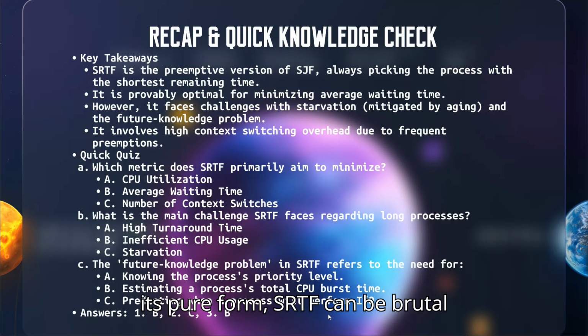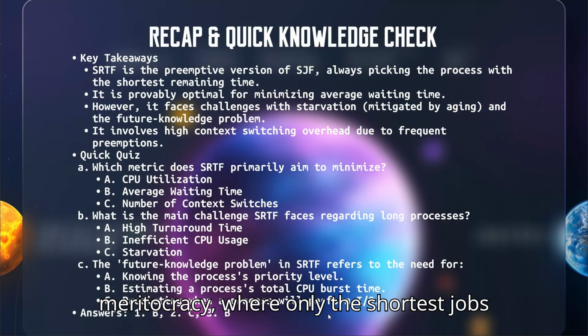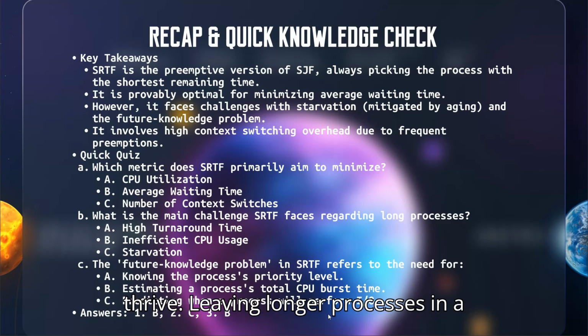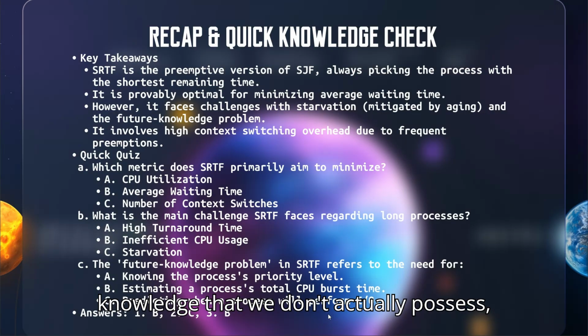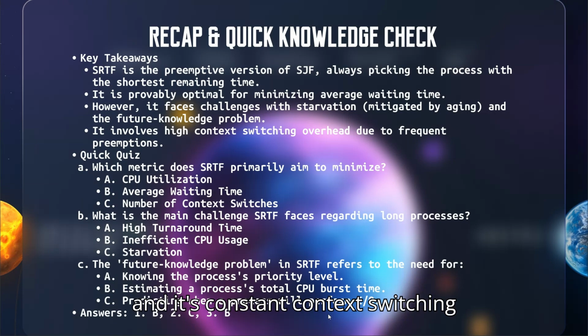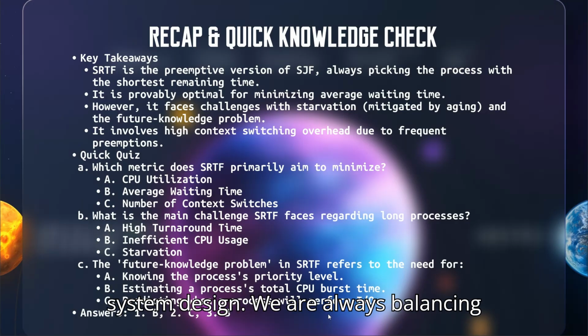In its pure form, SRTF can be a brutal meritocracy, where only the shortest jobs thrive, leaving longer processes in a dark and classic case of starvation. It operates on a crystal ball of future knowledge that we don't actually possess, and its constant context switching creates a noisy overhead. This is the beautiful fundamental trade off at the heart of operating system design.